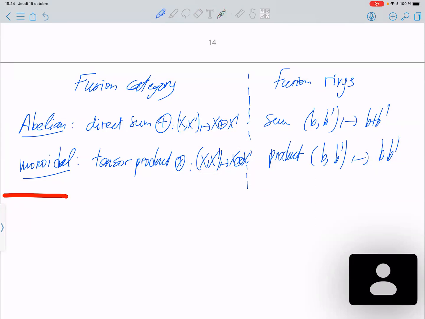Okay, so what next? You have some axioms of a monoidal category. For example, you have the associativity constraint, which is a natural isomorphism.